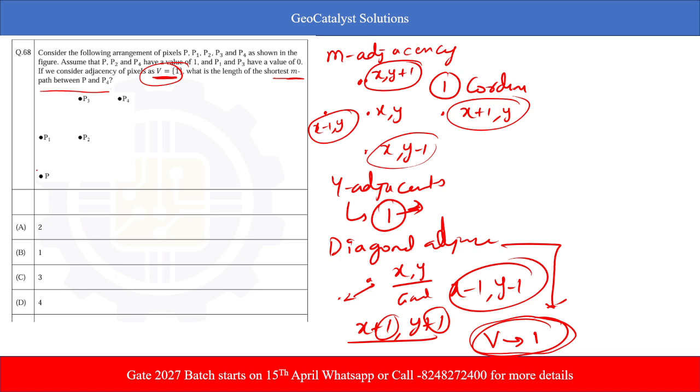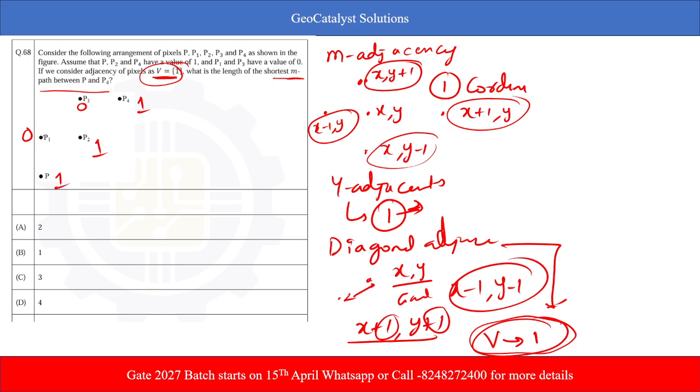So if you see in the question, p, p2 and p4 have value of 1. So these 3 only have value of 1, and this 2 is 0. What is the length of the shortest m-path between p and p4? Now coming to the definition, suppose you are going from p to p2.